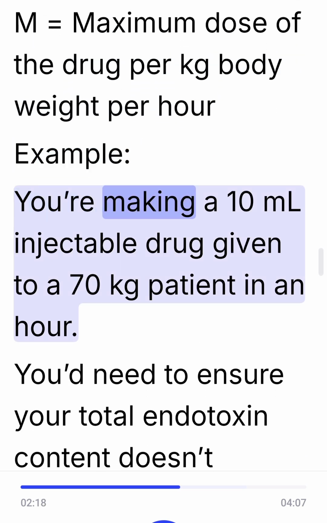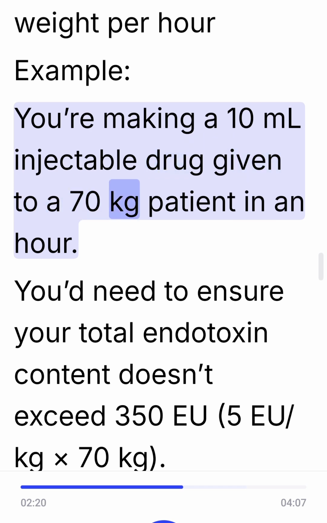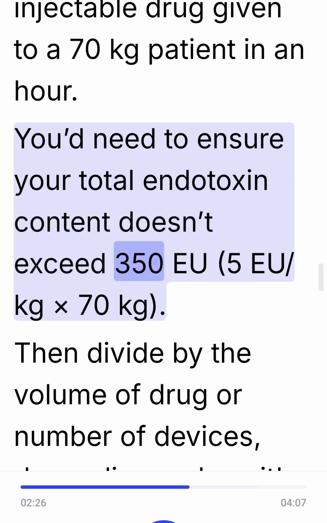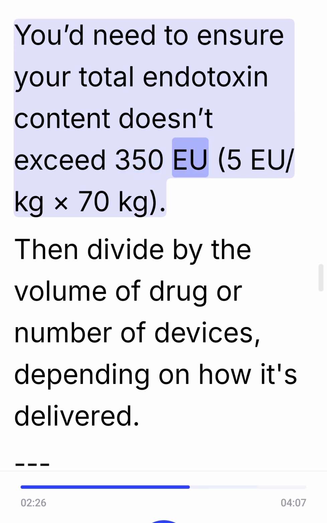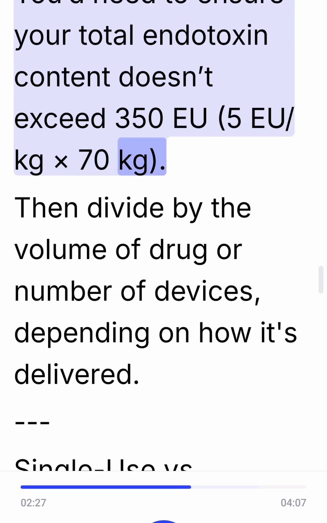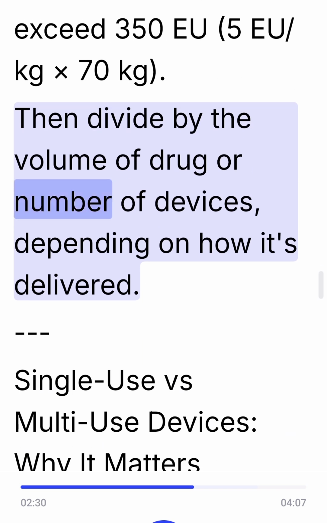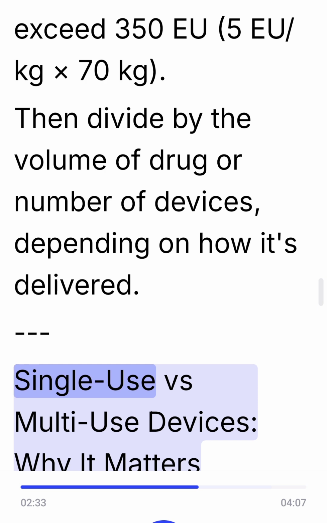Example: you're making a 10 mL injectable drug given to a 70 kilogram patient in an hour. You'd need to ensure your total endotoxin content doesn't exceed 350 EU, 5 EU/kg times 70 kilograms. Then divide by the volume of drug, or number of devices, depending on how it's delivered.